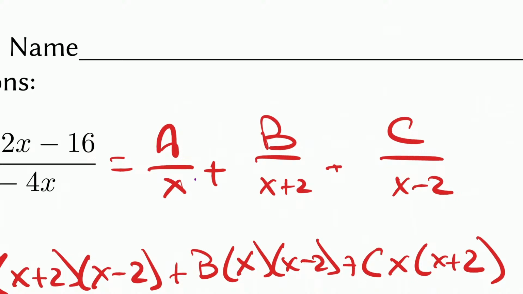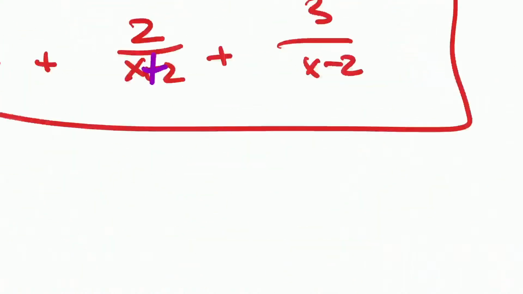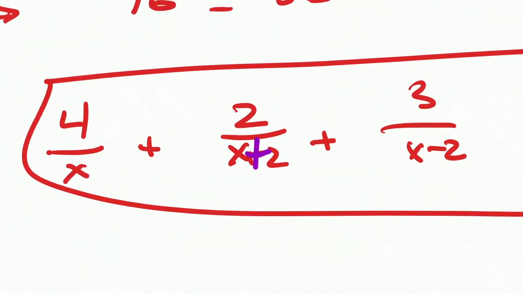Yeah, if you change the order of these things, then of course your A, your B, and your C will be different, but they'll be the same three numbers. And in the final answer, that's what matters. So if your final answer looks like this, then you're good, whatever order they're in. Anything else?